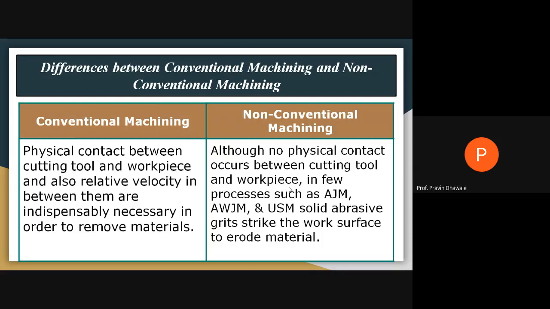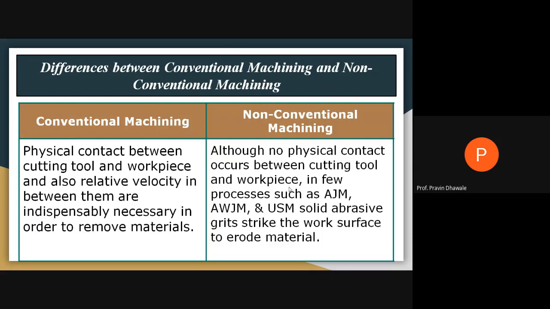This slide focuses on the fact that in conventional machining, there will be a physical contact between tool and the workpiece. At the same time, there must be a relative motion between the tool and workpiece in order to remove the material from the workpiece. But in non-conventional machining, the concept of the tool will be absent.